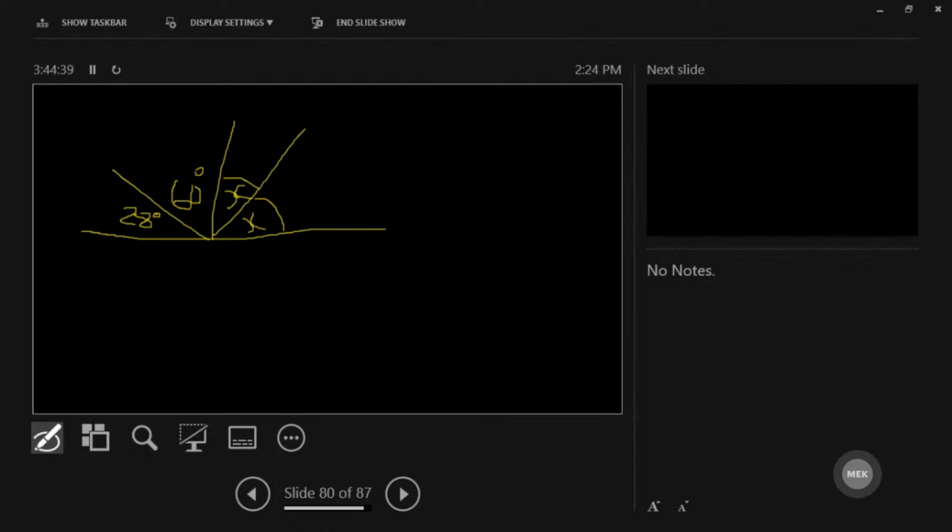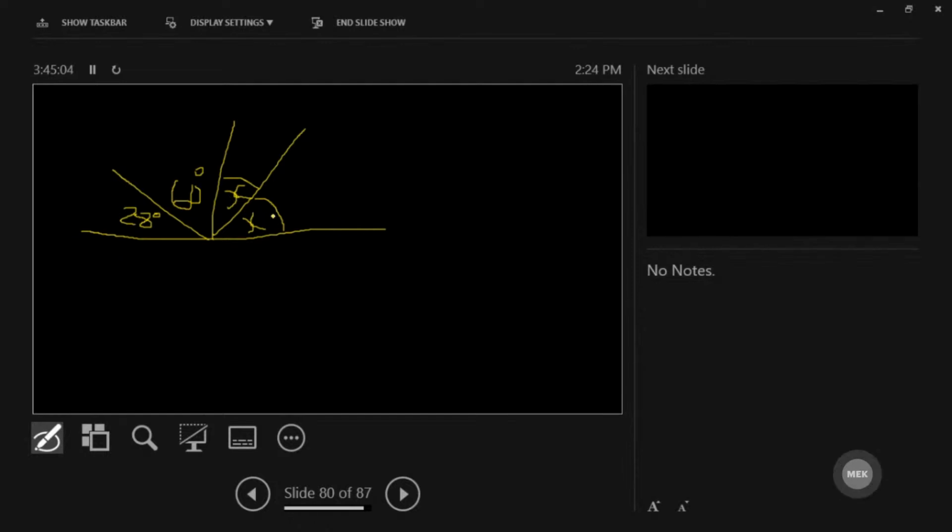Zion, why do we divide by 2? The two angles that are missing are equal. Okay. So Zion and Trevor said it real nice.